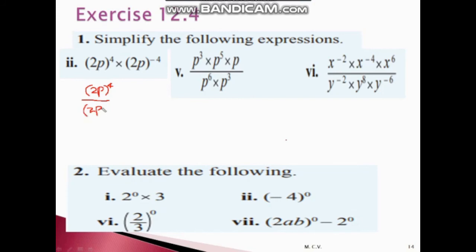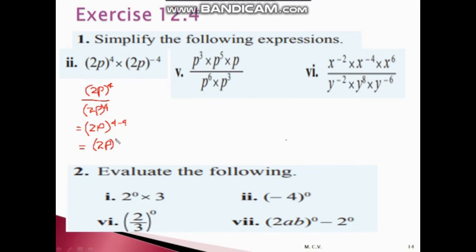If there is a division, you can subtract the indices. 2p, indices are 4 and 4. So 4 minus 4. 4 minus 4 is 0. 2p to the power 0. Base is 2p. Whatever the base, if the index is 0, answer is 1.